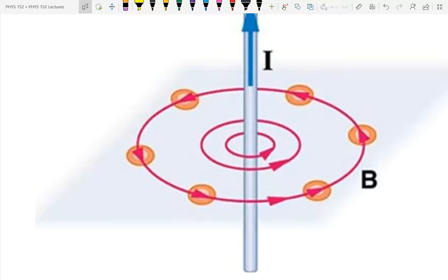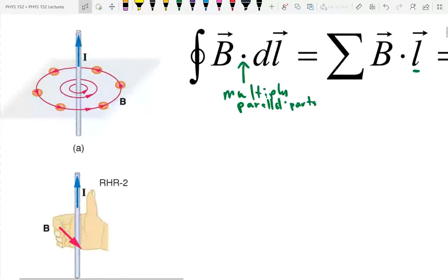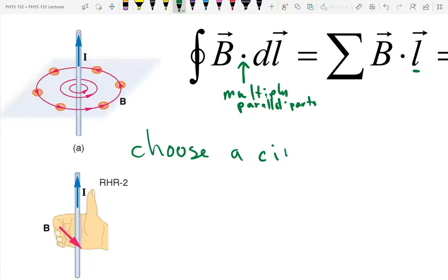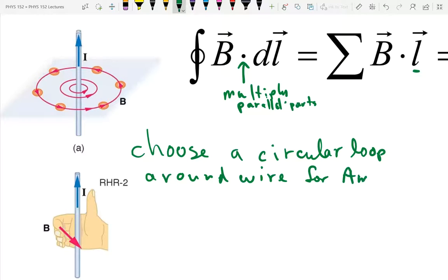So to do this calculation, I take those symmetry ideas, and because of this cylindrical symmetry, I choose a circular loop around the wire for Ampere's law.